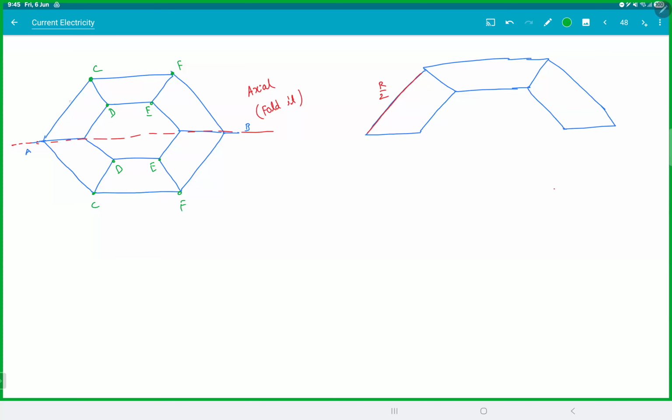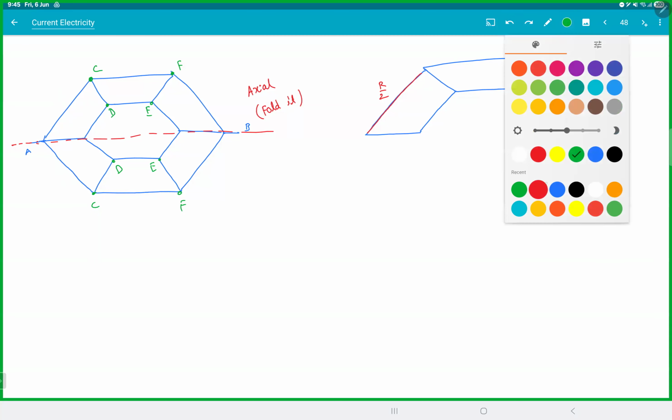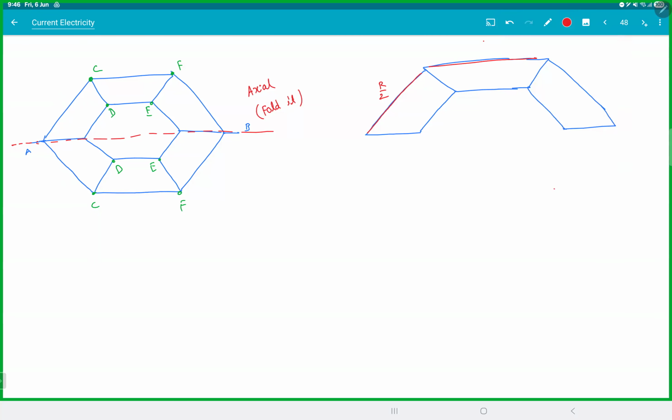So when you folded them, these two resistors became parallel. Parallel resistance becomes R by 2. This is also R by 2. Now, be careful.